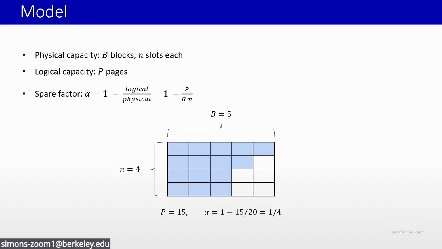Okay, so in this example, n is equal to 4, b is equal to 5, so we have 20 slots, and let's say p is equal to 15, then alpha is 1/4, the spare factor.